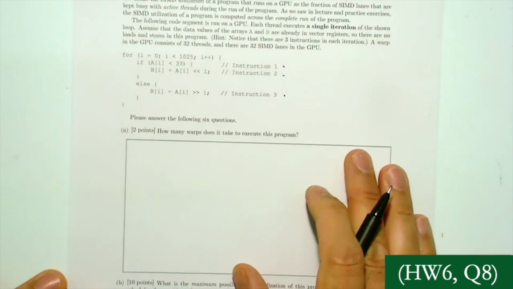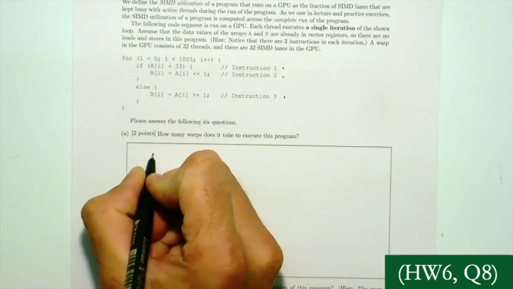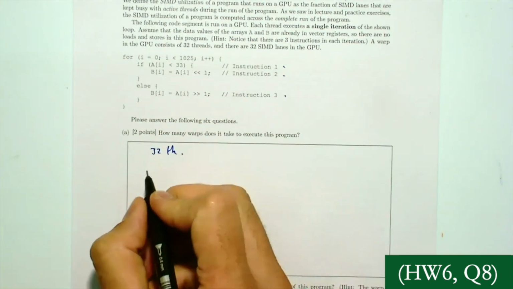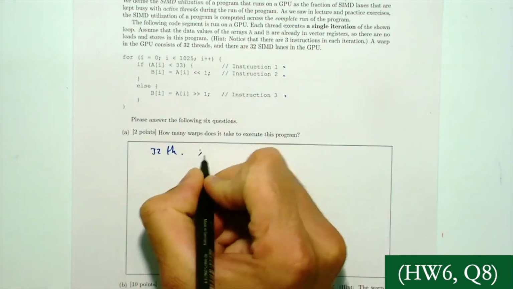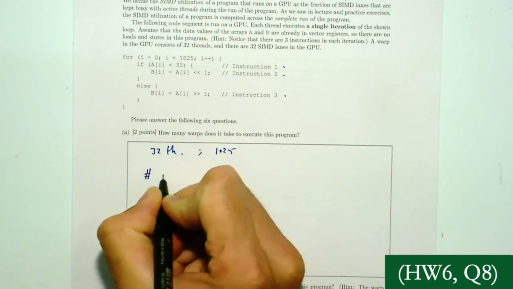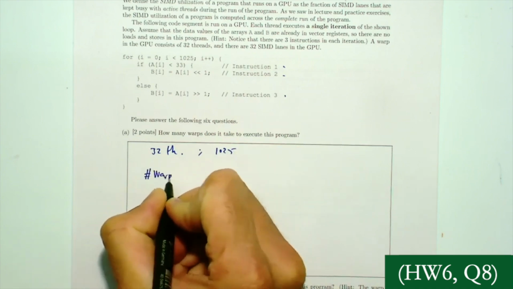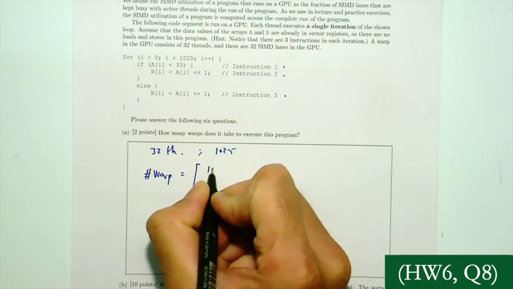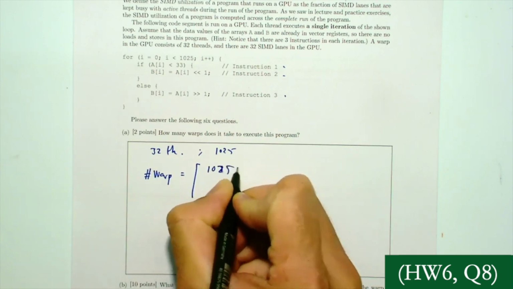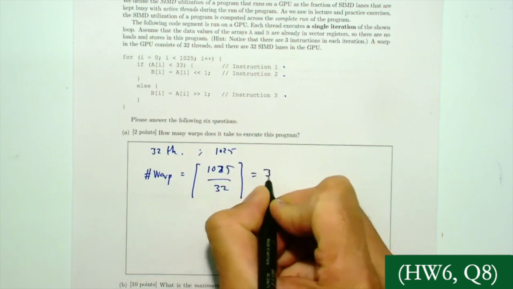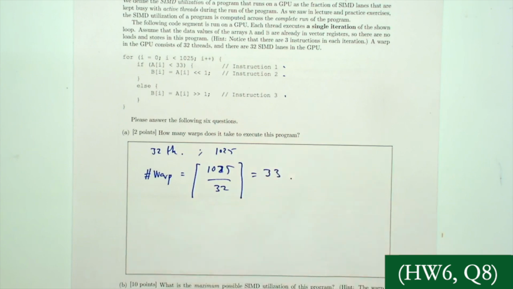So we have warps of 32 threads, that's the warp size in this case, and the total number of iterations that we have is 1025. The way that we need to calculate the number of warps is by obtaining the ceiling of the division 1025 divided by 32, and this will give us 33 warps.